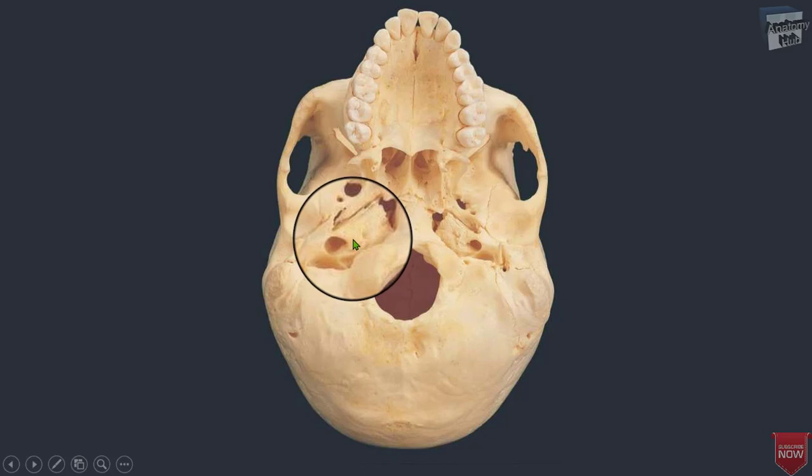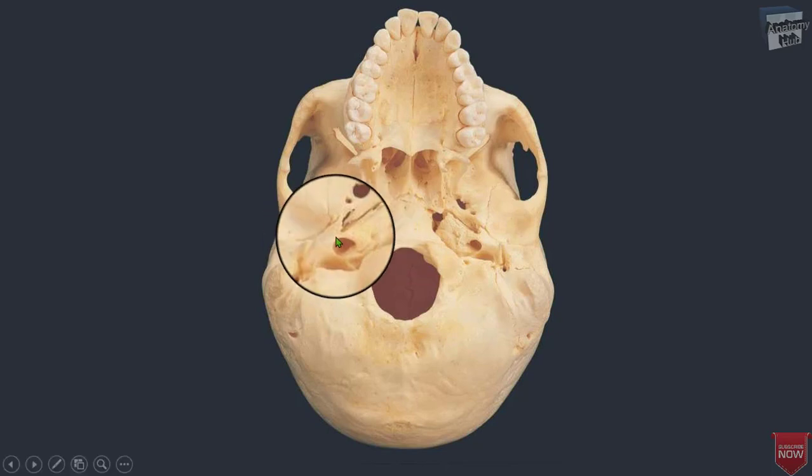The canal runs parallel to the long axis of the petrous pyramid and transmits the artery upwards into the cranial cavity towards the circle of Willis. The artery is accompanied by the internal carotid nerve, the sympathetic plexus, a bundle of postganglionic fibers originating from the cells of the superior cervical sympathetic ganglion.